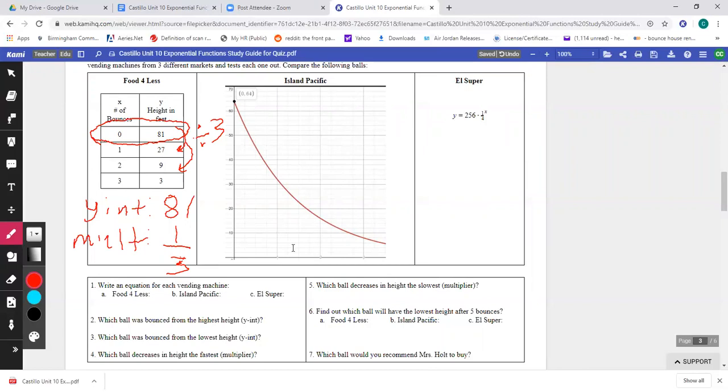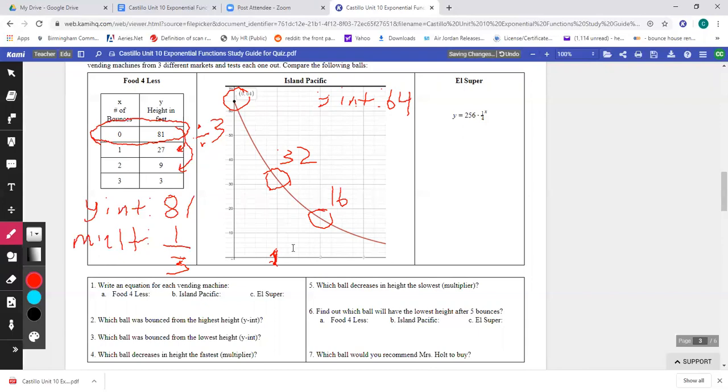Okay? So now let's do Island Pacific. Island Pacific, my y-intercept is 64. And then now we're going to go ahead and look at where x is equal to 1 right here. So I'm going to go to the graph and see that it's 32. I'm going to go to the graph here, and I see it's 16.